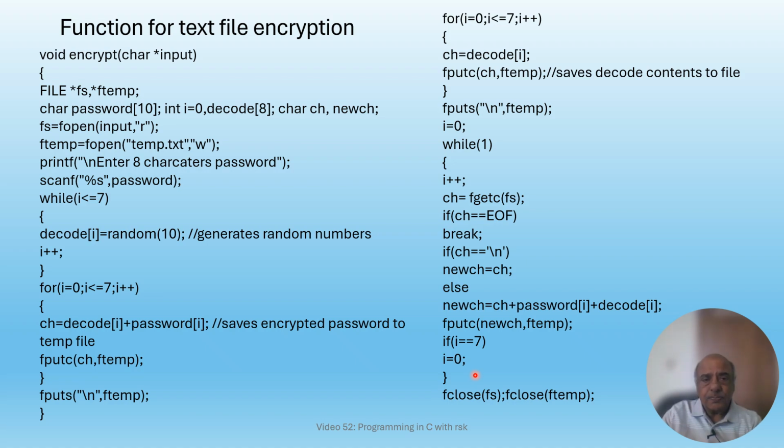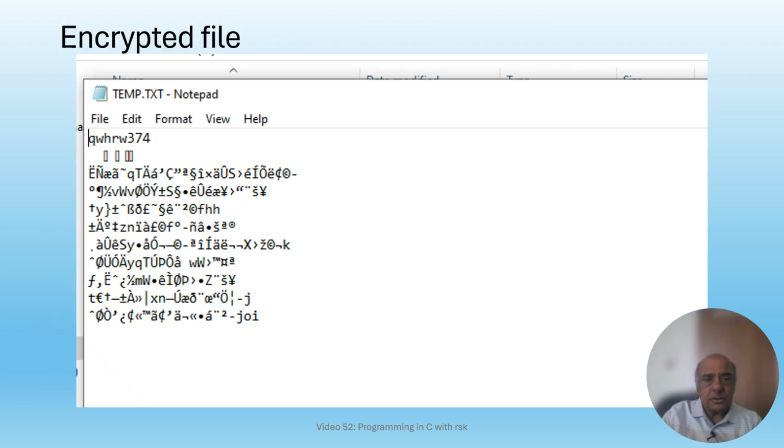This file gets created when the function encrypt is fully executed. When this loop terminates, we close both the files fs and ftemp, and this is the file which has been created by this encrypt function.